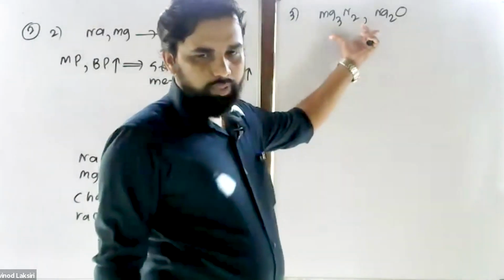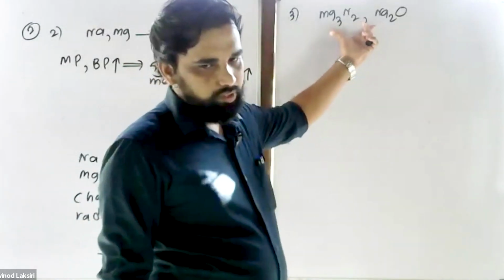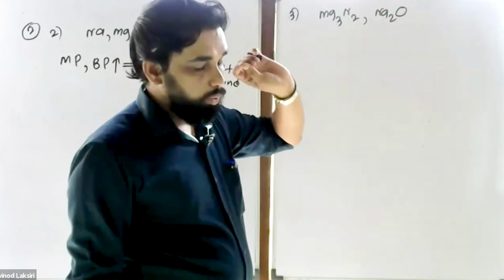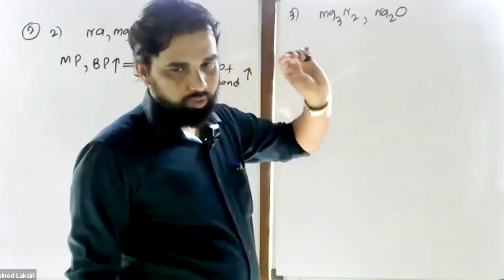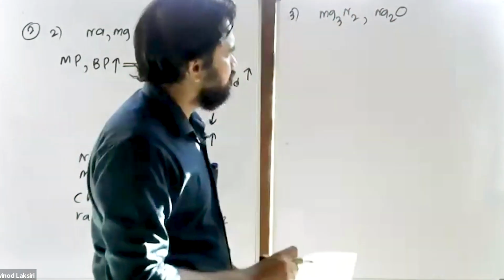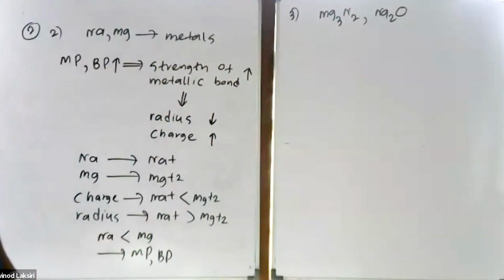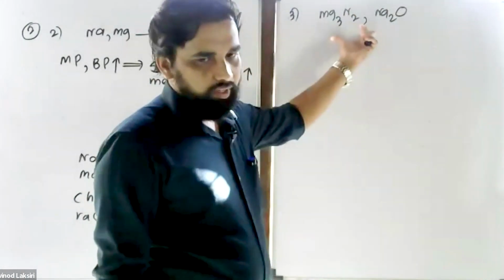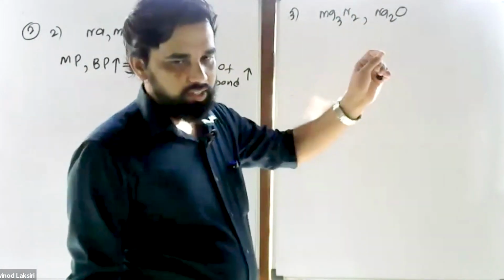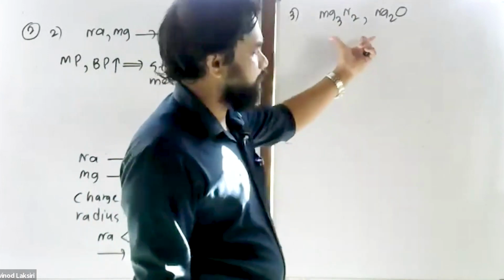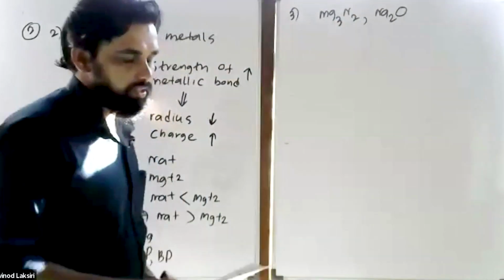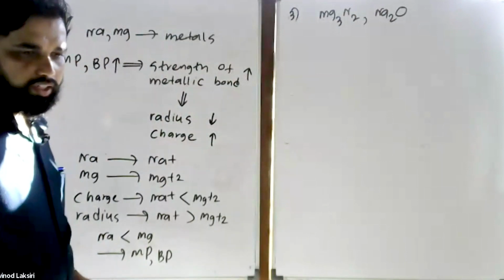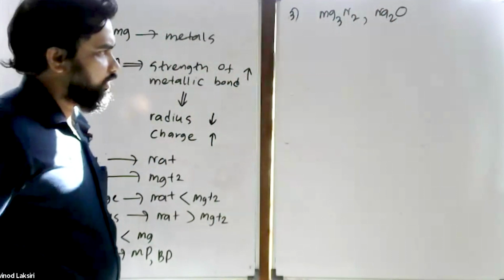In this case, to compare the ionic nature or covalent nature of these two compounds, you have to compare the polarization power of cation and polarizability of anion, right? Because both are ionic compounds. You have to consider the polarization power of cation and polarizability of anion, right?